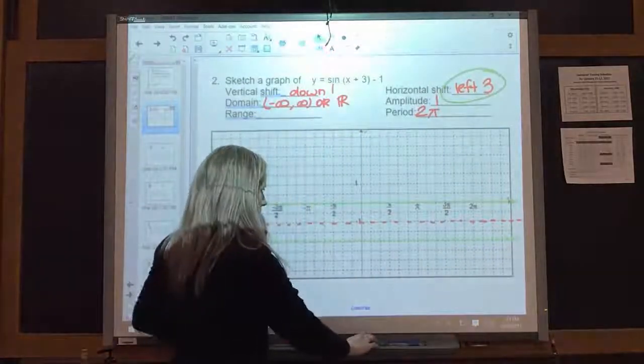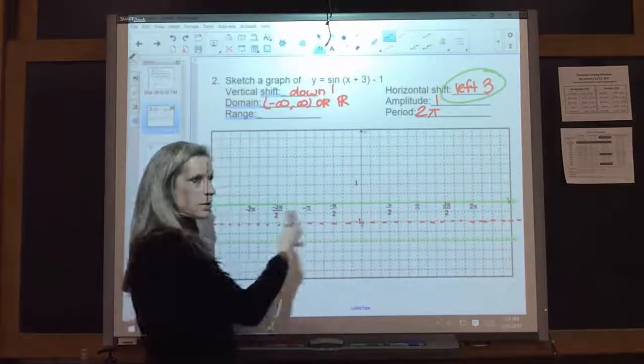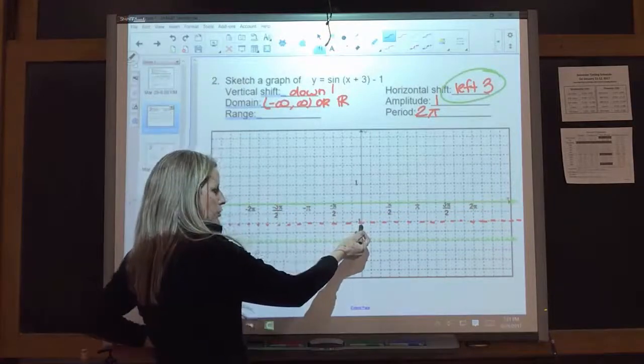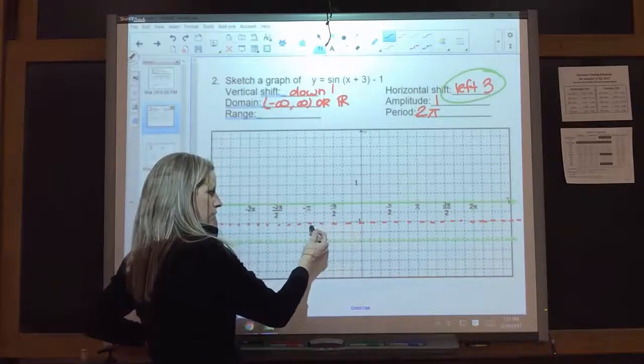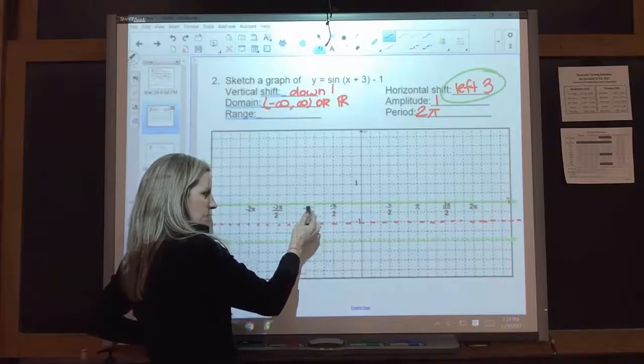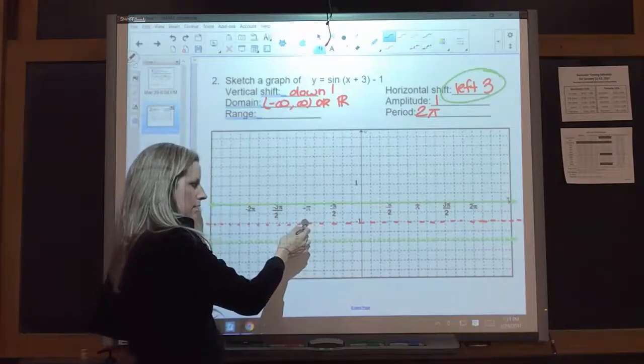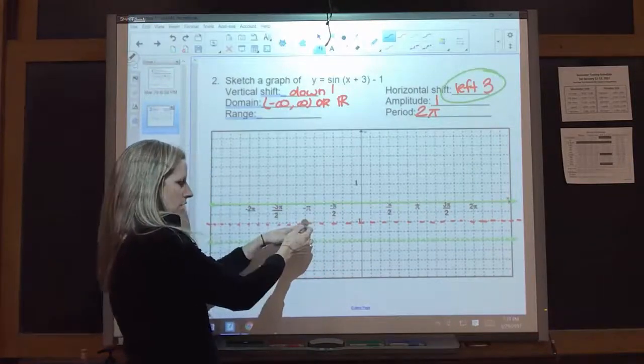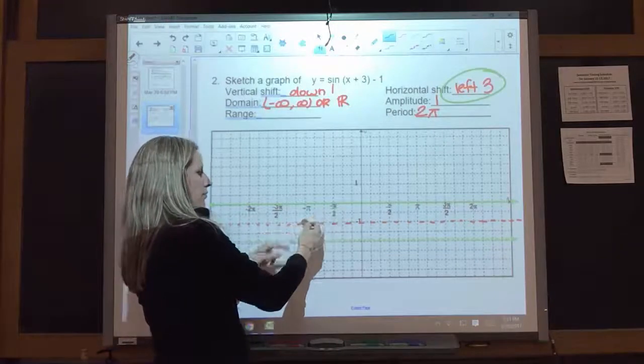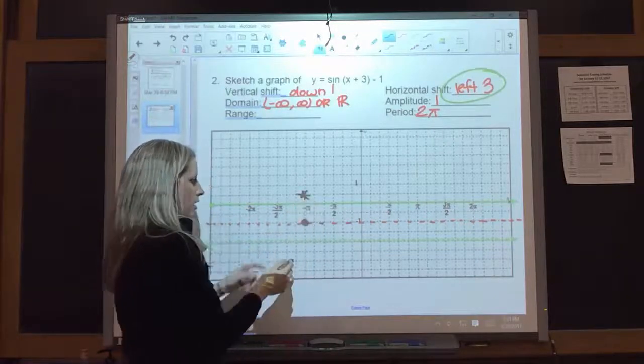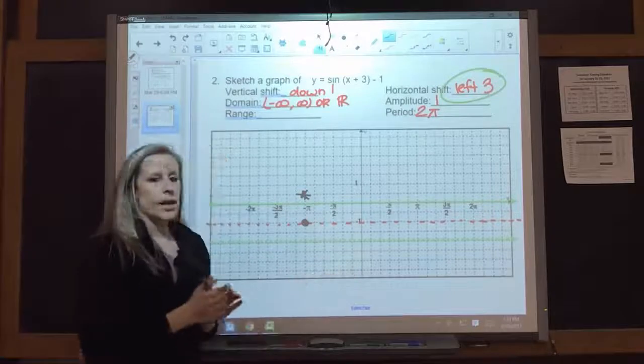Okay, so we're still going to be in the middle, just to the left 3. So go back 3, 1, 2, 3, which is where that -pi is. So we're going to start at the middle, and then we're going to go up, and this is our starting point. We're going to go up and come back down.